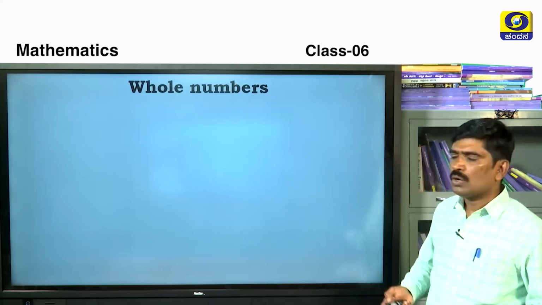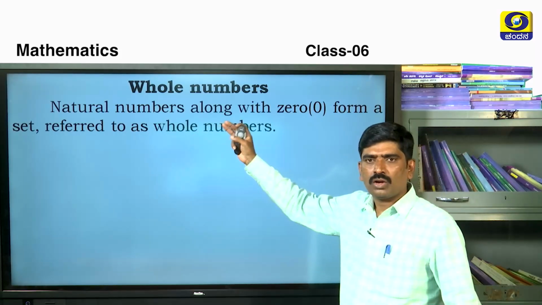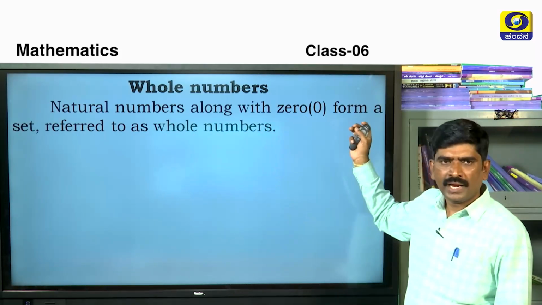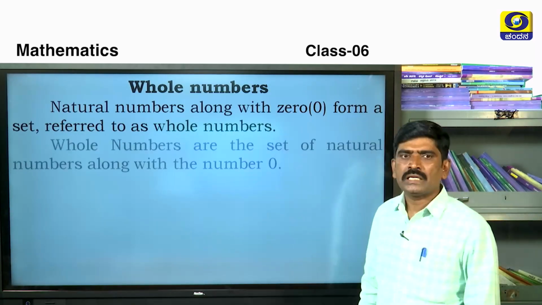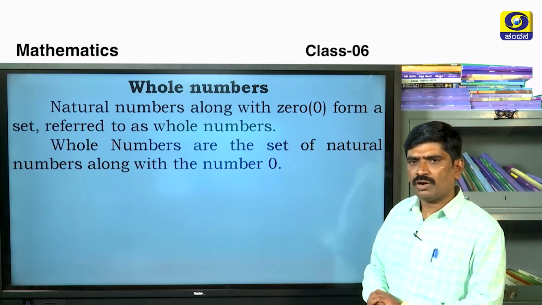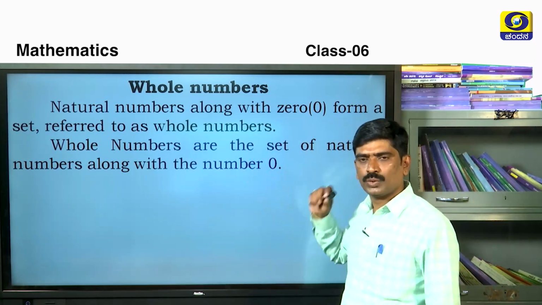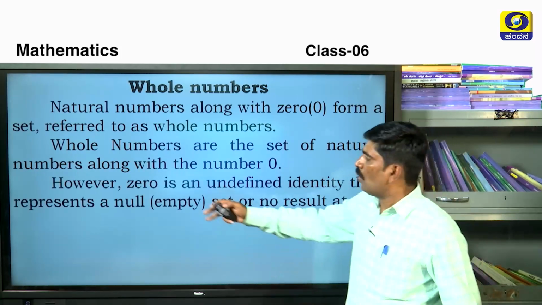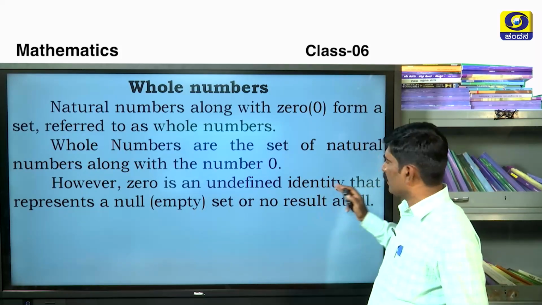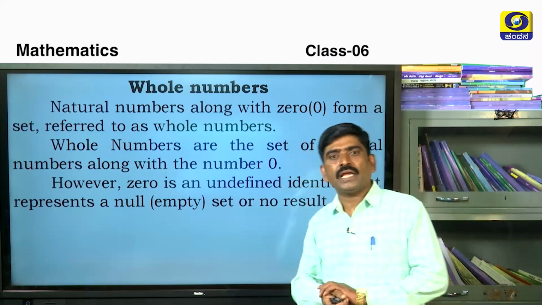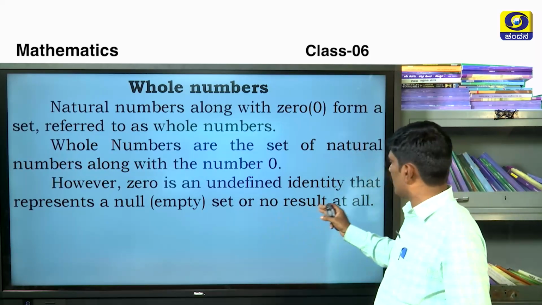numbers are formed. What is a whole number? The natural numbers along with 0 form a set referred to as whole numbers. However, 0 is an undefined identity that represents a null set or empty set or no result at all.